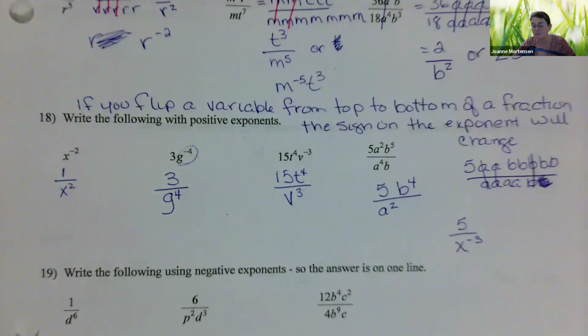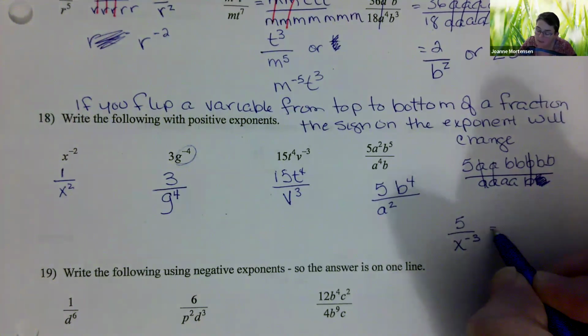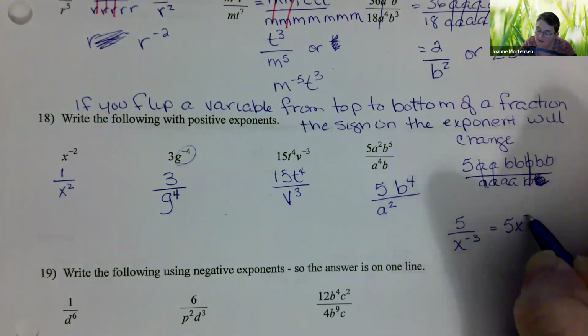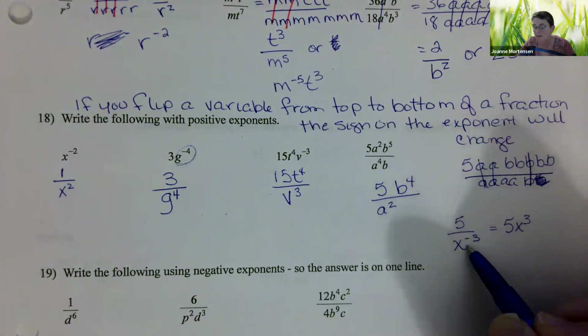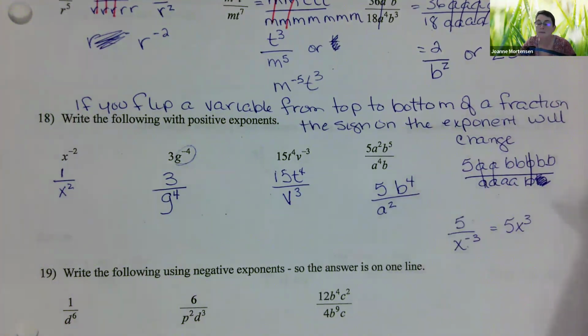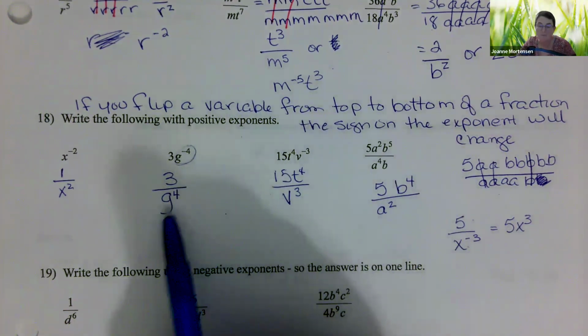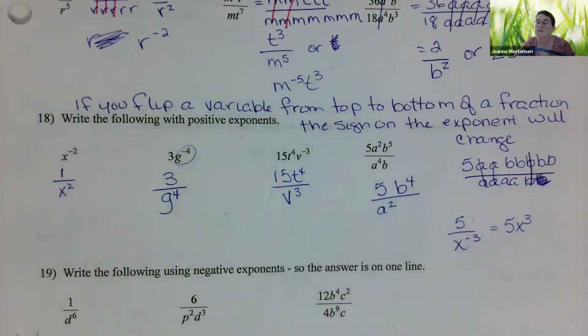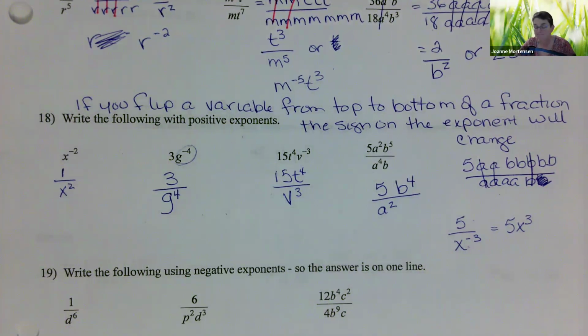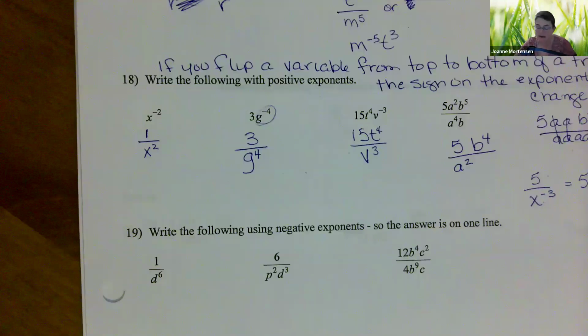No, the rules are saying this becomes 5x to the 3. So if it's on the bottom and negative, you flip it to the top and it becomes positive. If it's negative on the top, you flip it to the bottom and it becomes positive. The moment you flip, the sign on your exponent changes. Just saying.